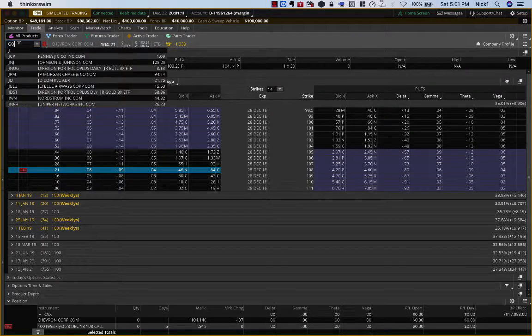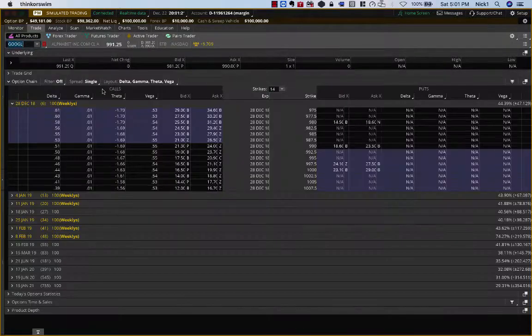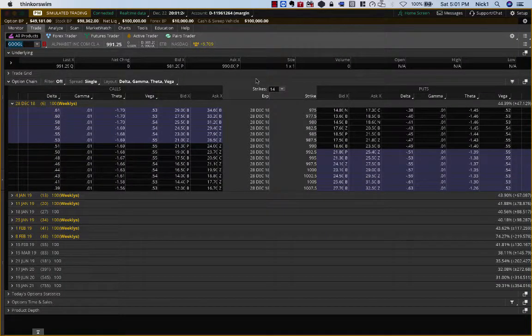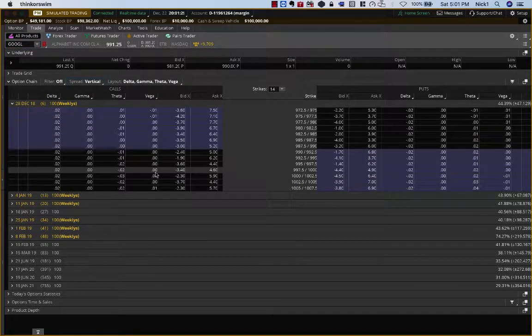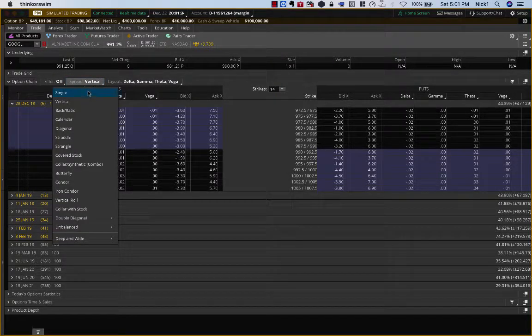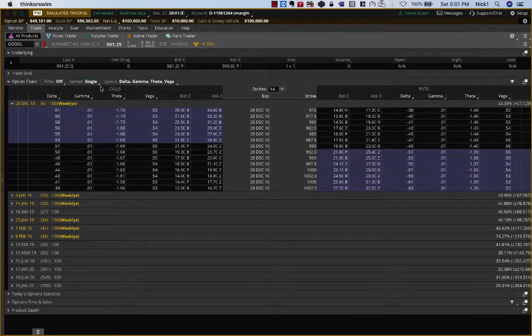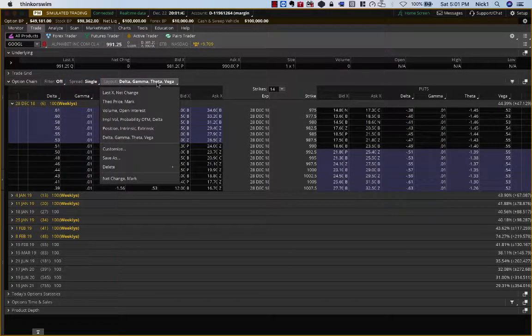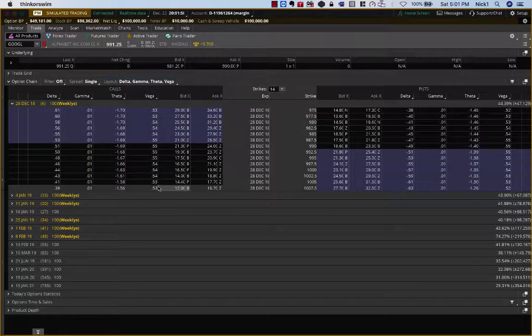Google. Alright, let's do this as a spread. Bull credit spread. So we need more strikes to get down to a 20 delta here.